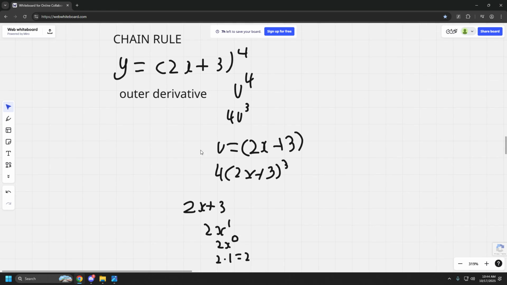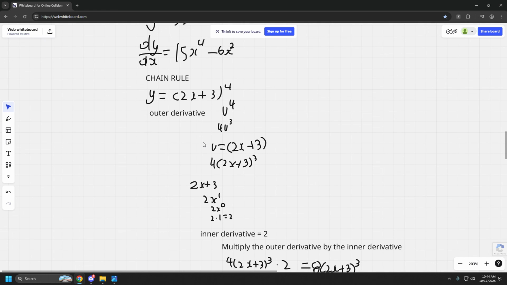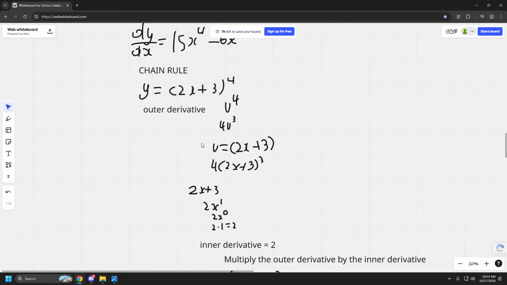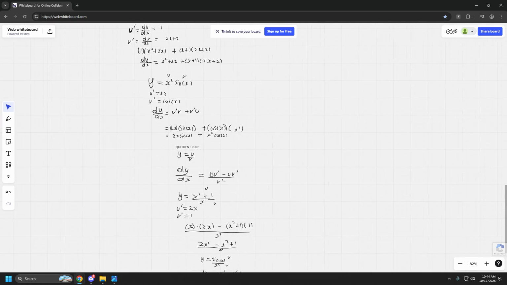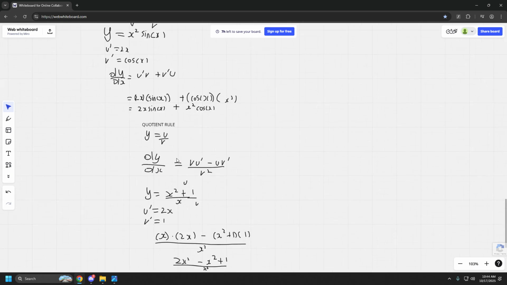Chain rule, just get the derivative of the outer function and inner function and multiply them by each other. Quotient rule, you just have to memorize this formula pretty much.